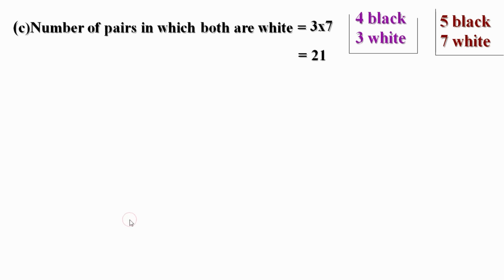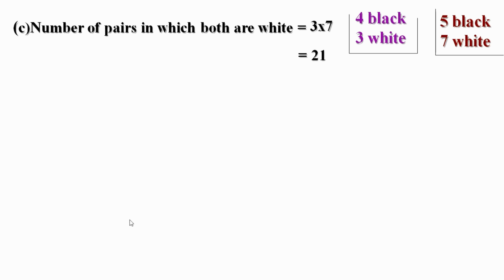So altogether there are 21 pairs in which both are white. Now we have to find the number of pairs in which one bead is black and the other is white. There are 3 situations. When we take a pair of beads, sometimes both are black, sometimes both are white, and some other times one bead is black and the other is white.